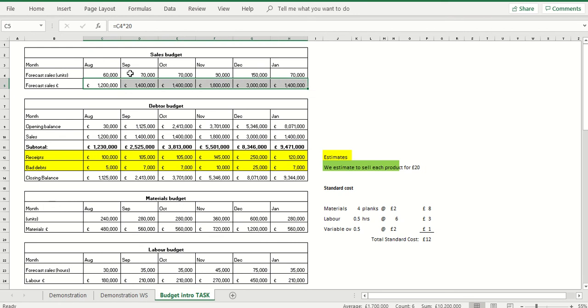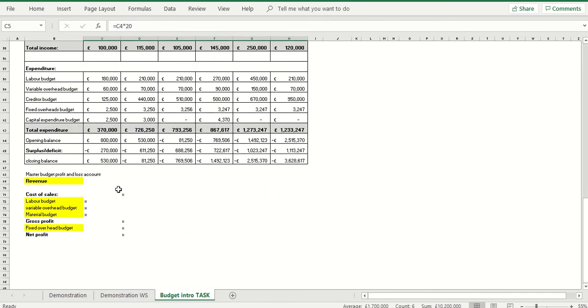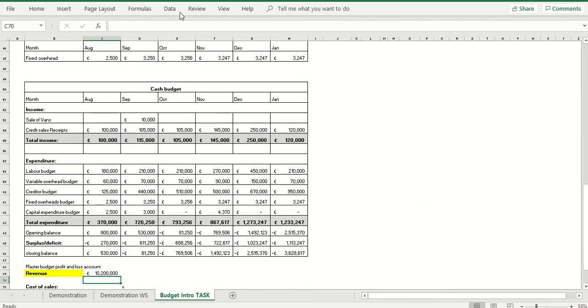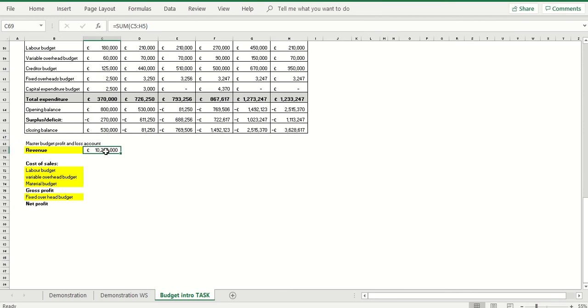So we're just summarizing all our accounts into a profit and loss account type layout. Okay, I've just moved this item over here.